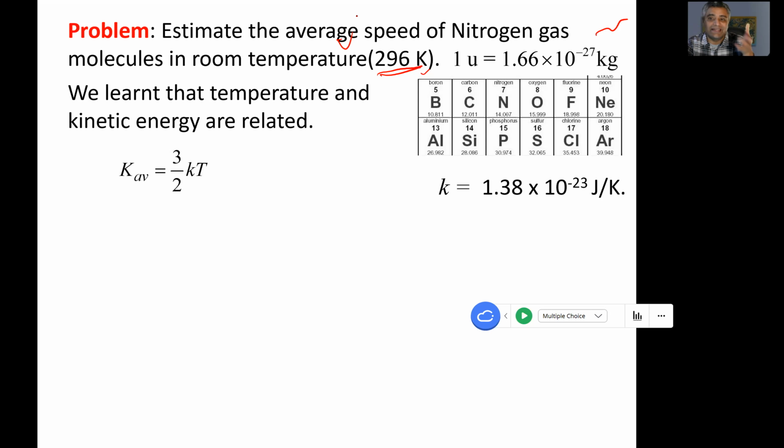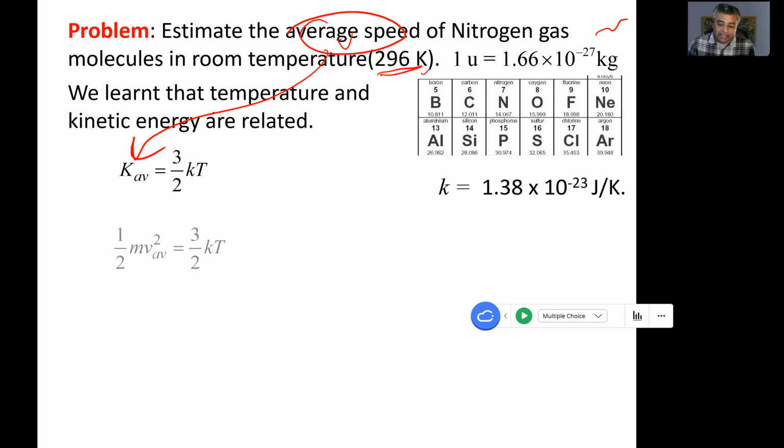And you can do the same thing for the carbon dioxide. You can do the same thing for the oxygen. Isn't that neat? You cannot even see them, but you can tell how fast they are moving on average. Yes, some molecules may be moving a bit slower than the others, but on average, that's how fast they are moving.